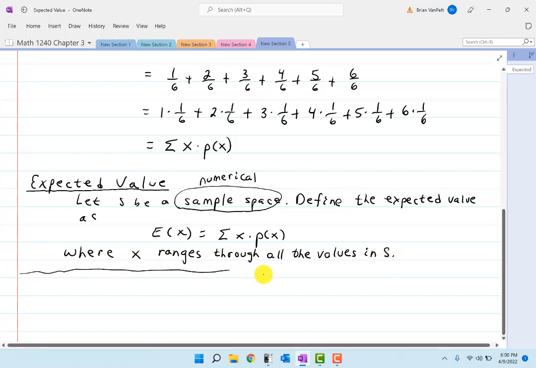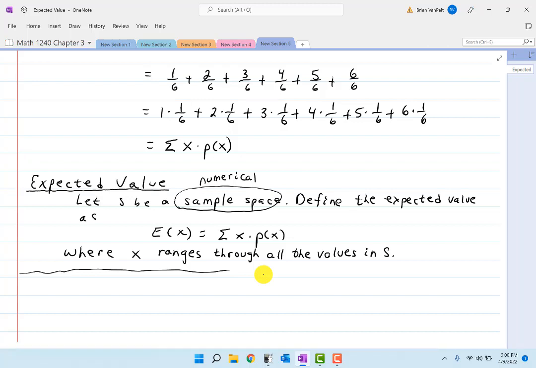Expected value, you should think of it as the results that you should get, not necessarily the results you do get, but what should happen.